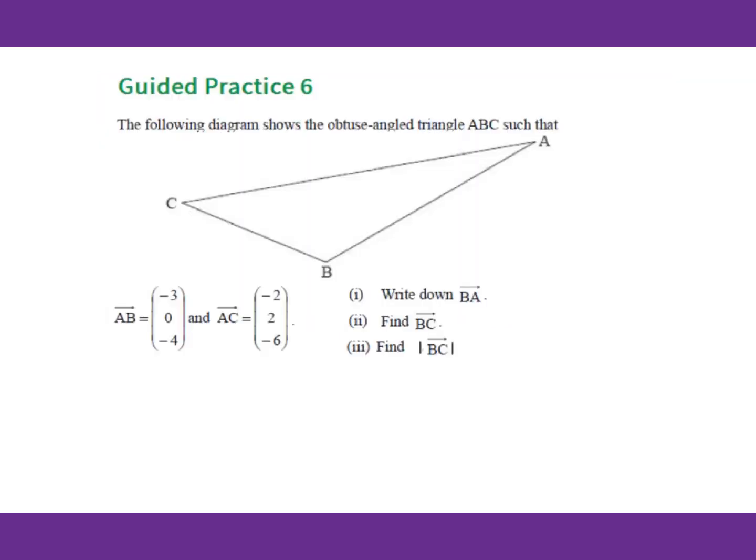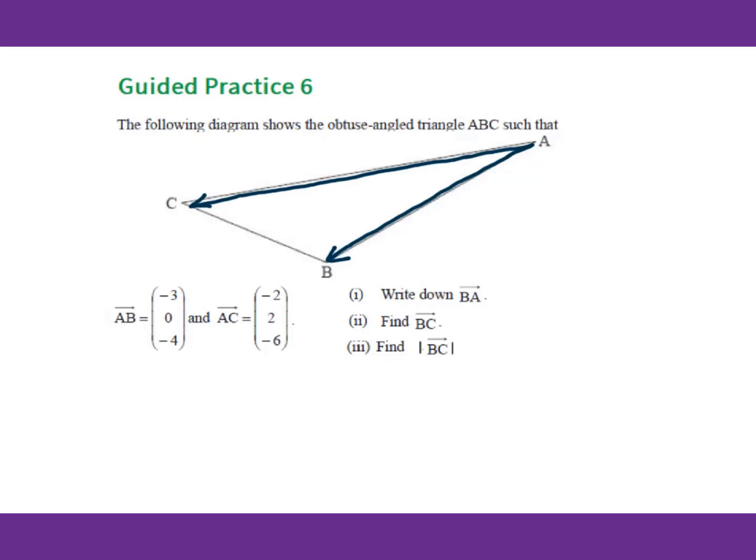Now let's go to guided practice 6. The following diagram shows the obtuse angled triangle ABC such that AB, so AB is this way, AC is this way.